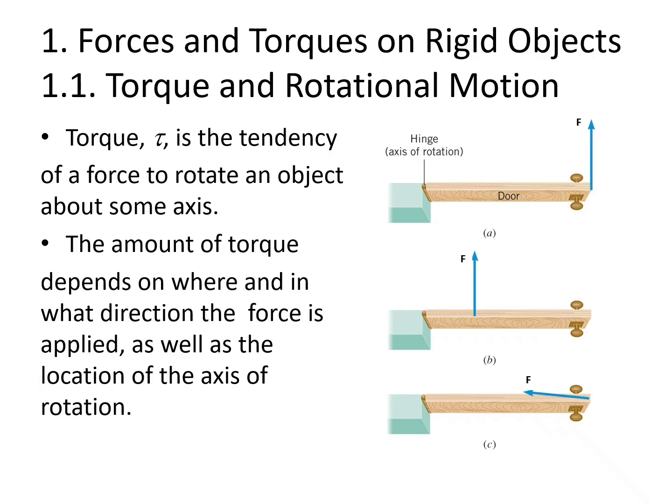A force applied near the doorknob can rotate the door much more effectively than the same force applied close to the hinge. The amount of torque depends on where the force is applied, how large the force is, and the direction of the force relative to the door. So, torque is not just about force, it is about force applied at the right location and in the right direction.